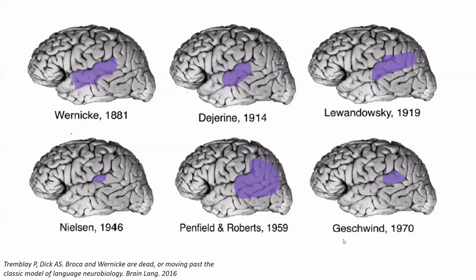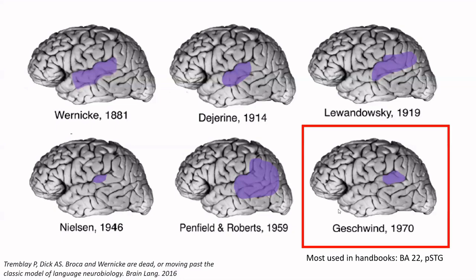And finally, you have Geschwind, who narrowed it down to a small posterior part of the superior temporal gyrus located behind the primary auditory cortex, because, well, that kind of makes sense. And this is how it is most often presented in handbooks nowadays. The way Geschwind defined it as the Brodmann area 22, the posterior part of the superior temporal gyrus.